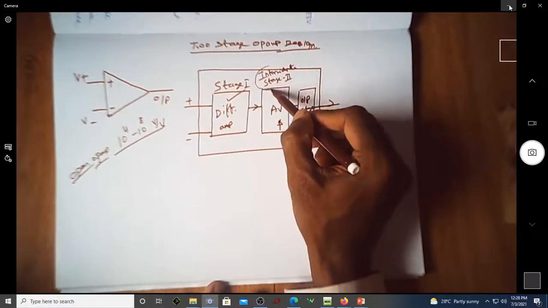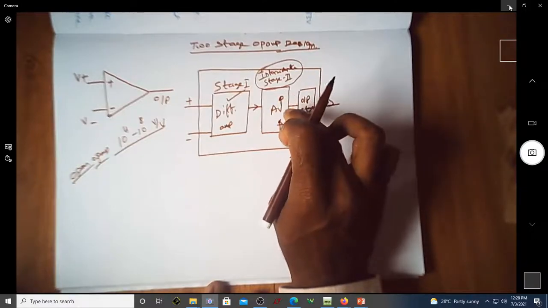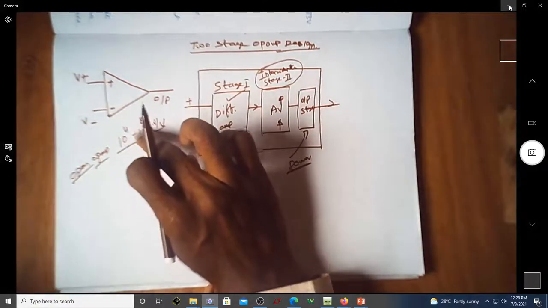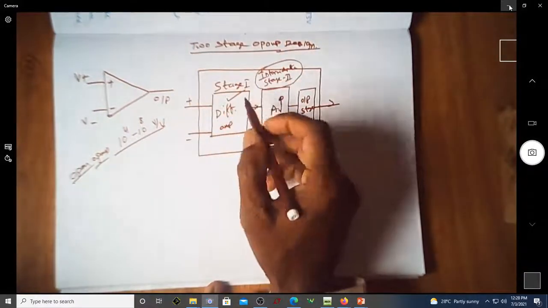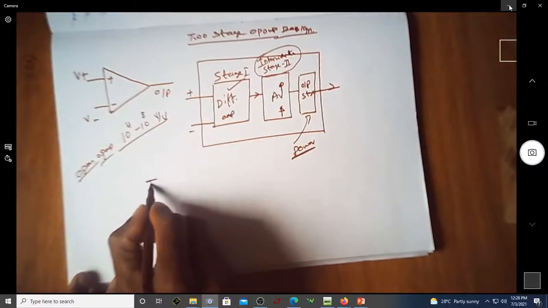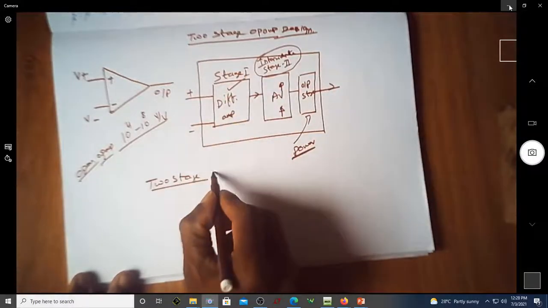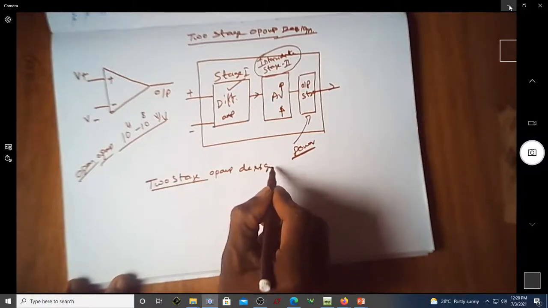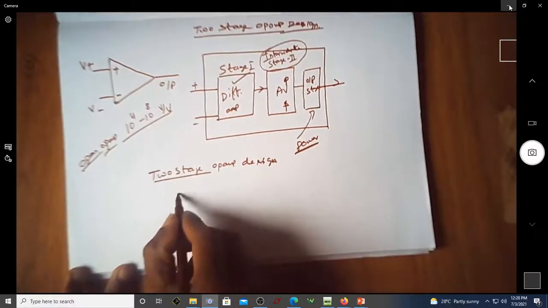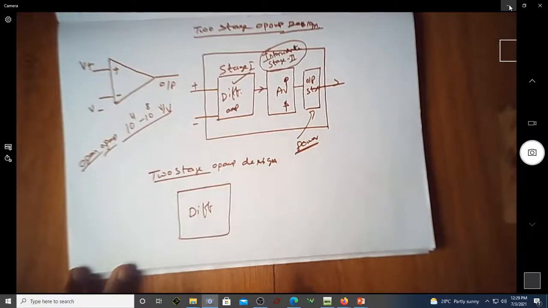Even though I said that the intermediate stage, which we call stage 2, can have n number of amplifiers to reach a gain of 10 power 8, in this two-stage op-amp design we basically concentrate on interfacing or cascading.